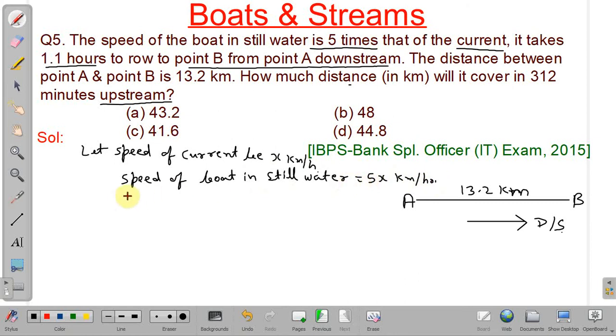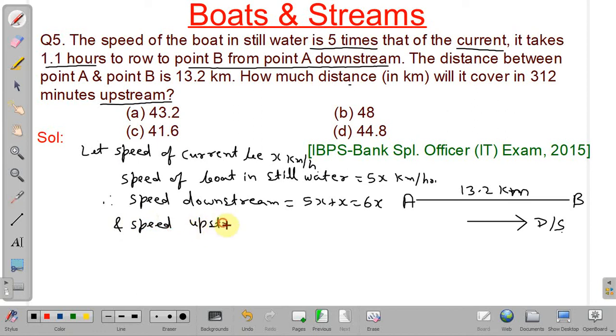What will be the speed in the upstream and downstream direction? The downstream speed will be the speed of the boat plus the speed of the current, so 5x plus x, that is 6x, and the upstream speed will be 5x minus x, so it will be equal to 4x kilometer per hour.